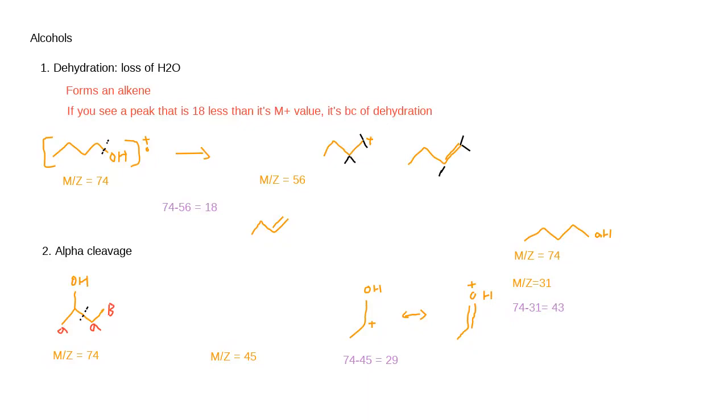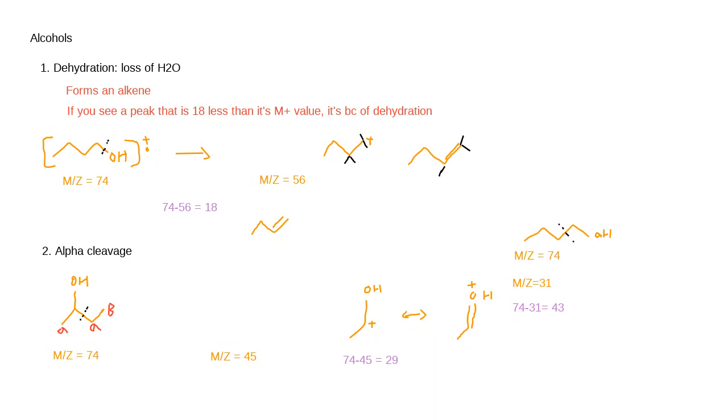Okay. So 43 means a propyl. That means we are cutting 3 carbons and some hydrogens. And the only possible way is cleaving it here. Okay?